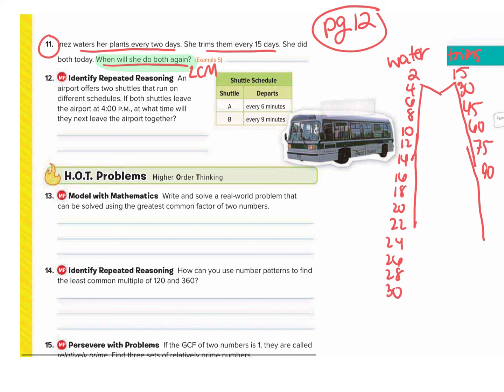So I can actually stop there because I noticed that the first multiple of 15 is 30, and we have a multiple of 30 in 2. So the least common multiple is 30, which means in 30 days, she'll be watering and trimming her plants on the same day.